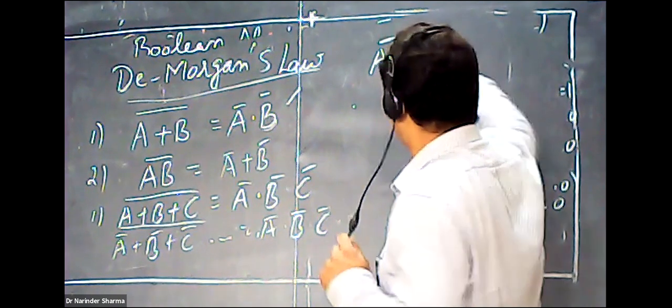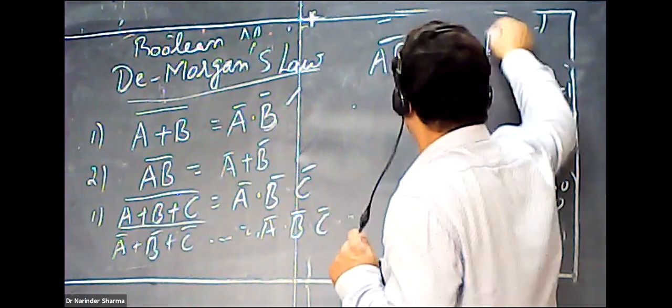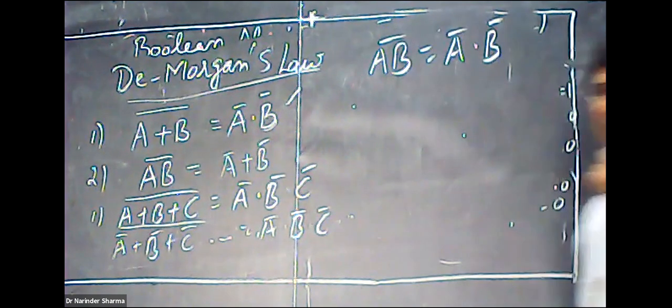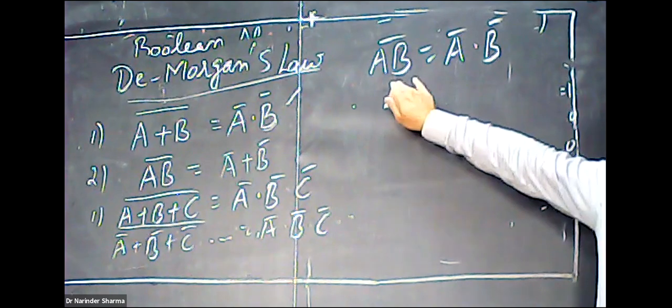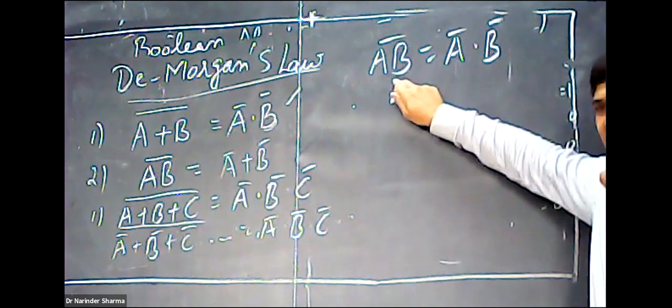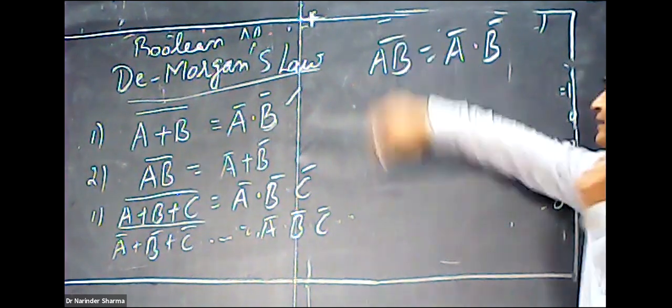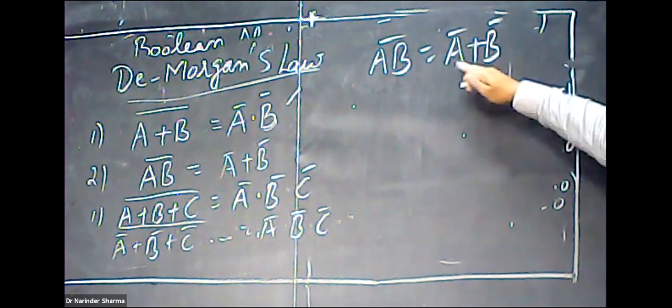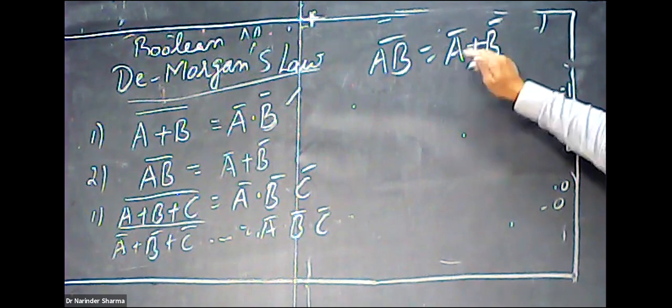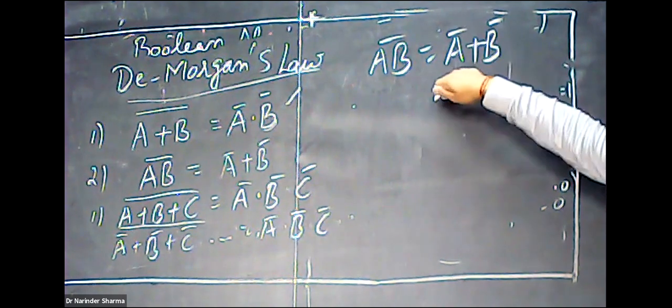AB bar equals A bar into B bar. So how can we define it in statement form? If we multiply two Boolean variables and take their complement, that is always equal to the product of the complements of the individual Boolean variables.